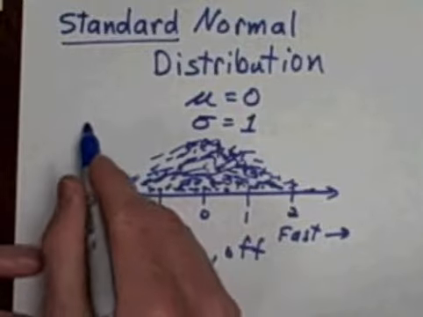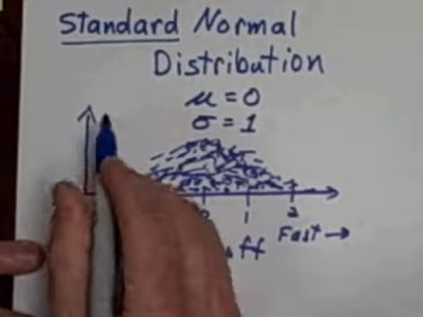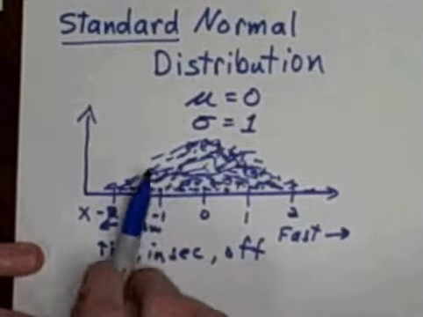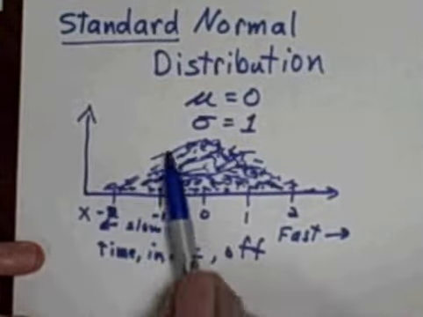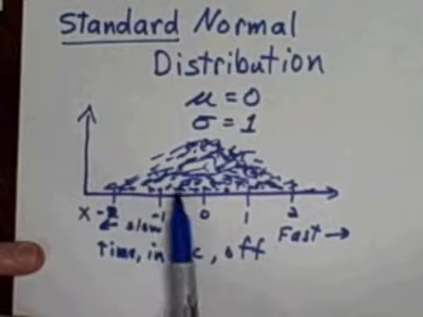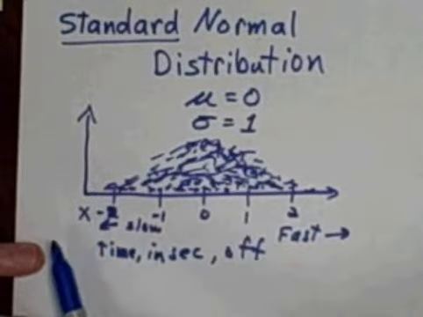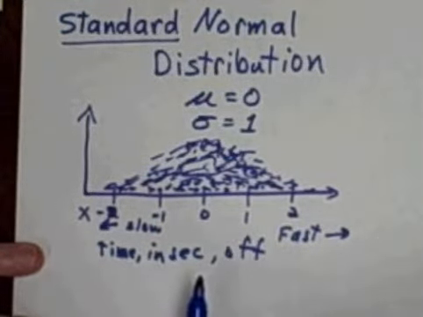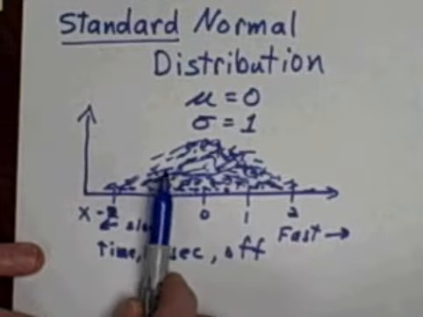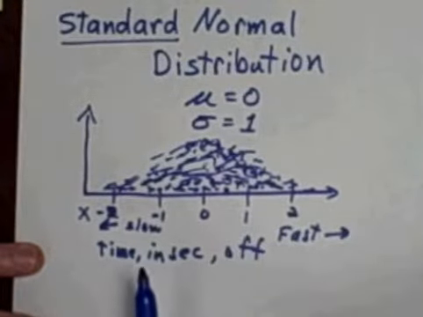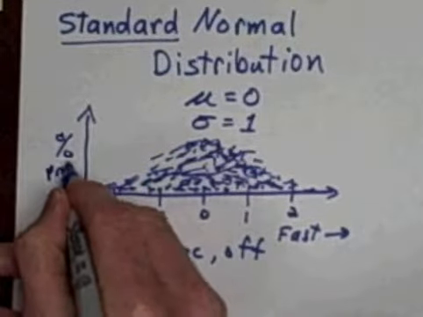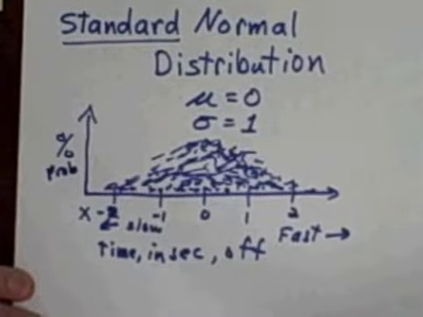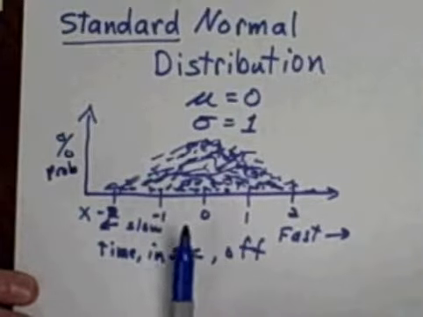Of course, just to remind you, our y-axis here, if we're doing a frequency distribution, this represents the number of clocks that are in each number of seconds off, fast or slow. But if this is not a frequency distribution, but a probability distribution, then this is some percent of the probability that it occurs. Now, there's 2 ways we can state that probability.